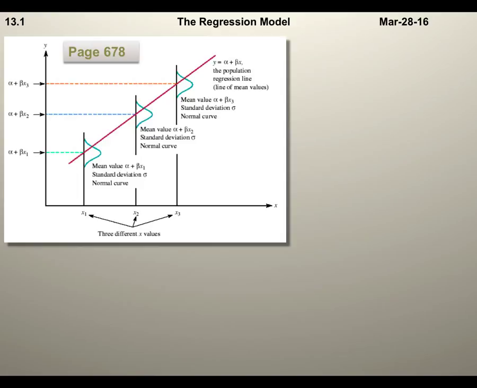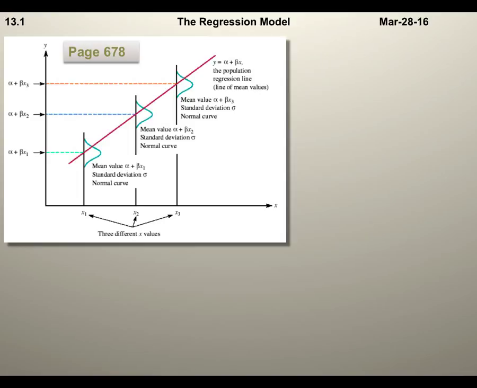So then you have what's called a residual. What is a residual? It's the error. It's the difference between the value that actually happened and what you predicted. So it's y minus y hat, y being what happened, y hat being what we predicted.